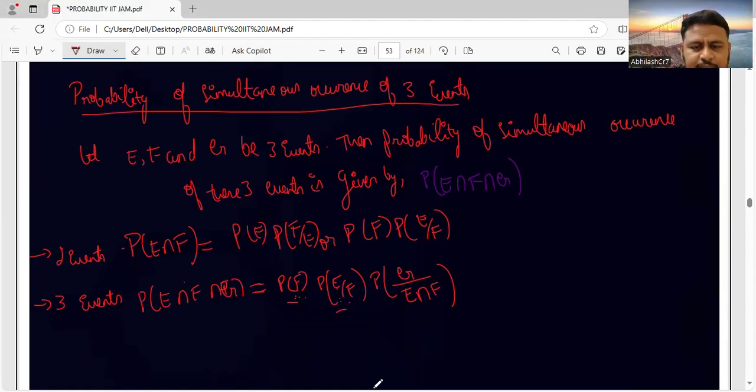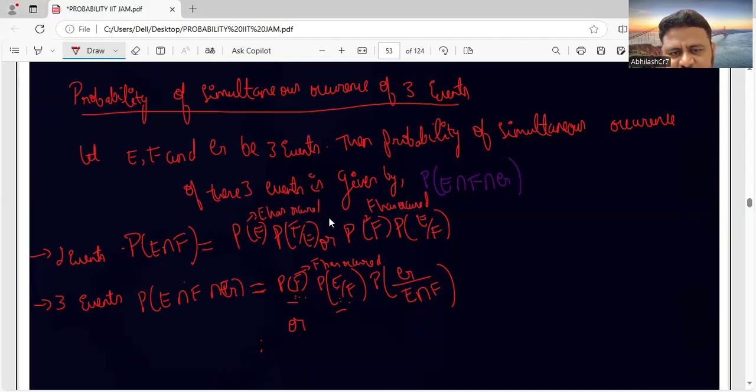Or for this, you can also write another formula. See, instead of F having occurred, suppose event E has occurred. Here event F has occurred, and here event E has already occurred.